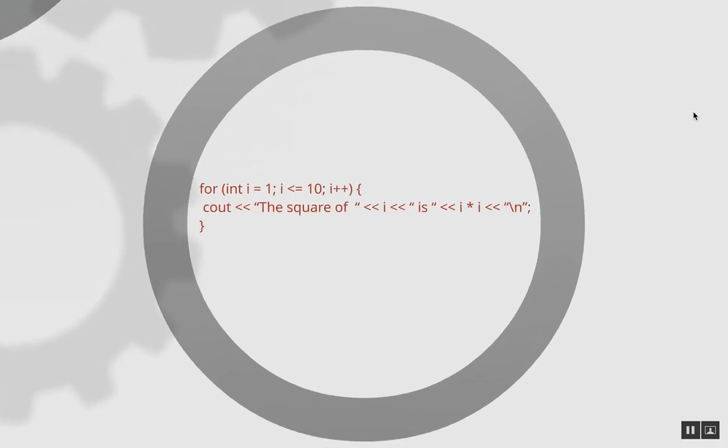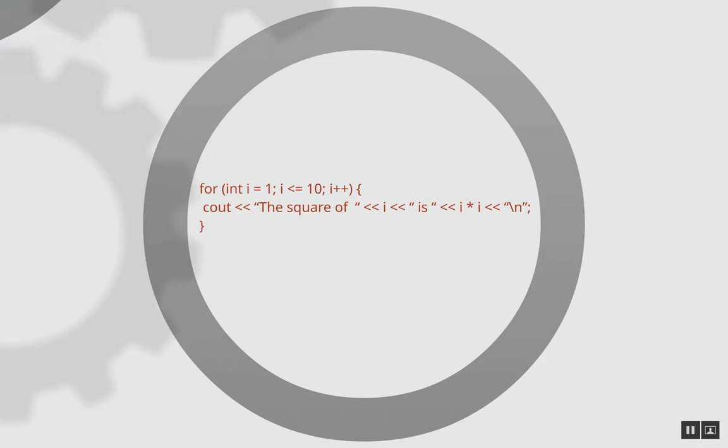So we have for, and then inside parens we have an integer I being set to 1, semicolon, I less than or equal to 10 is the condition, semicolon, I++ is the incrementing. Inside the curly braces we have the output of the square of I is I times I. So the first time, I will be 1 because that's how we initialized it.